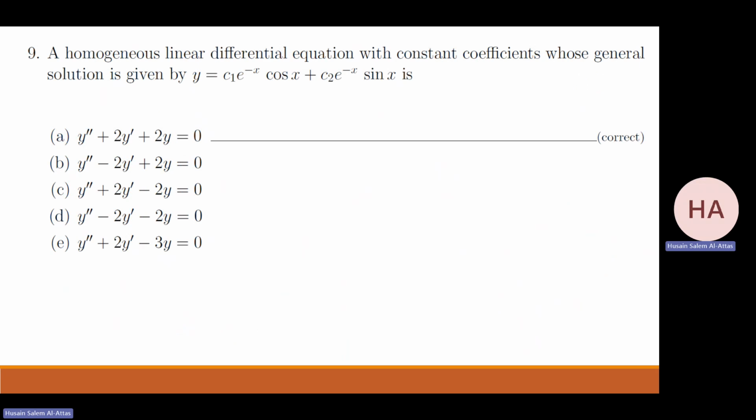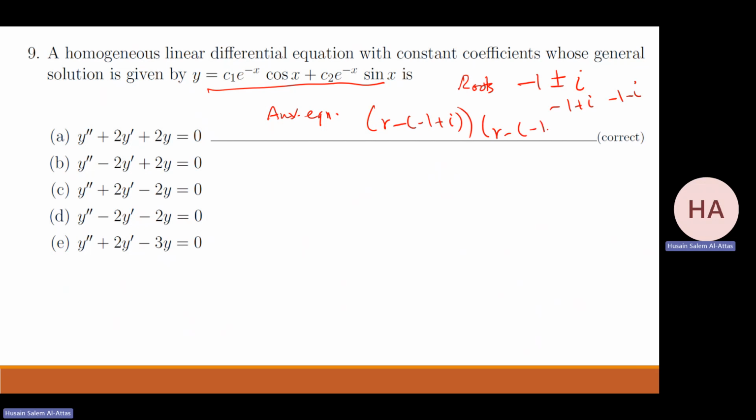A homogeneous linear differential equation with constant coefficients. Now this is the general solution. If that is the general solution, so what are the roots? They are minus 1 plus or minus i. So the auxiliary equation will be, I have the roots minus 1 plus i, minus 1 minus i. So you have r minus (minus 1 plus i) times r minus (minus 1 minus i) equal to 0.